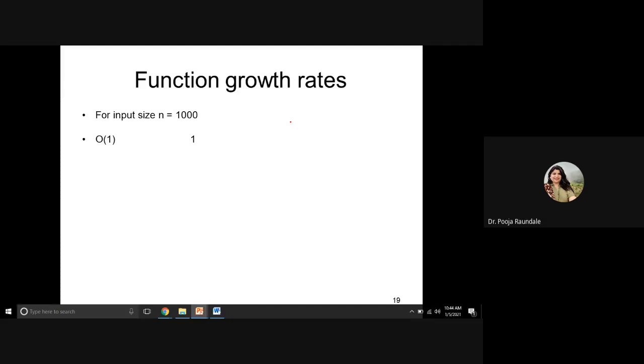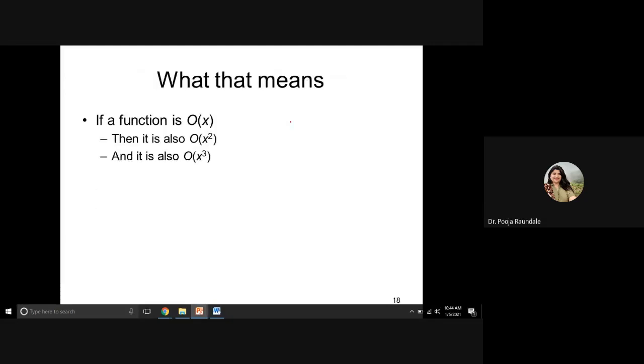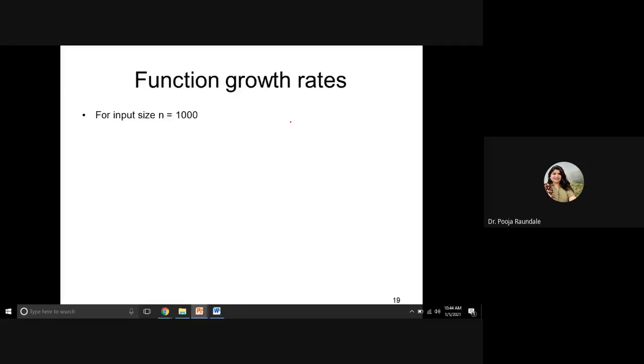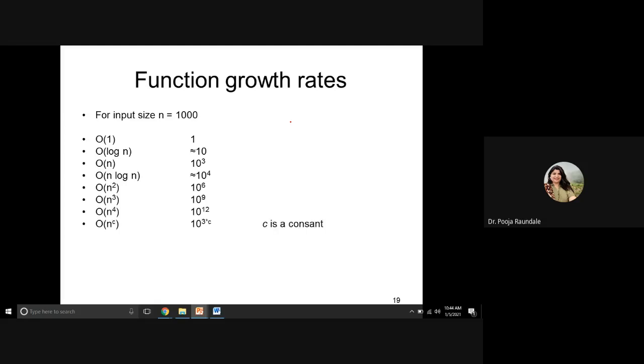Now look at this. Function growth rates. See, order 1, order log n, order n. This is n log n. This is n square, n cube. This is how it grows. If your input size is 1000, meaning you are sorting 1000 elements, or searching 1000 elements, order 1 is a constant.